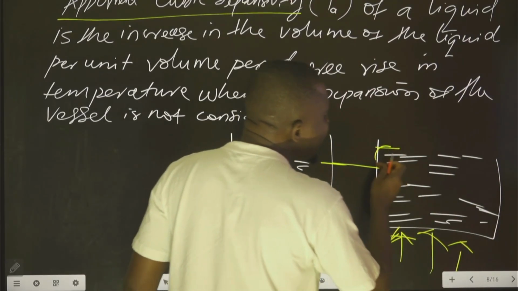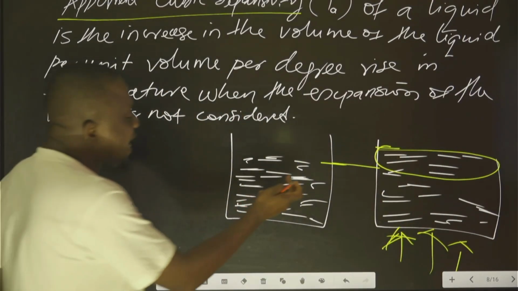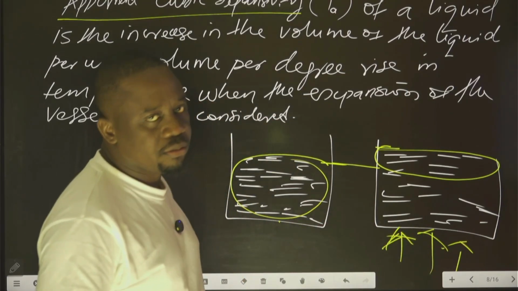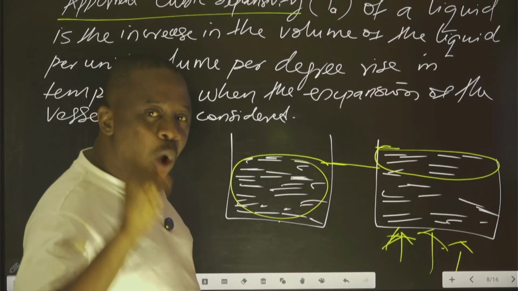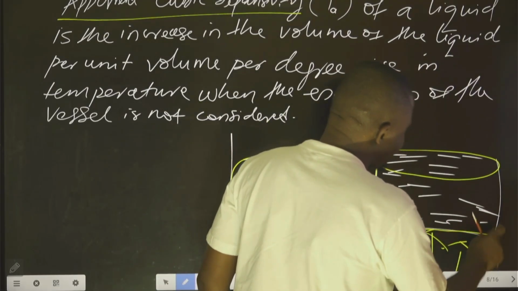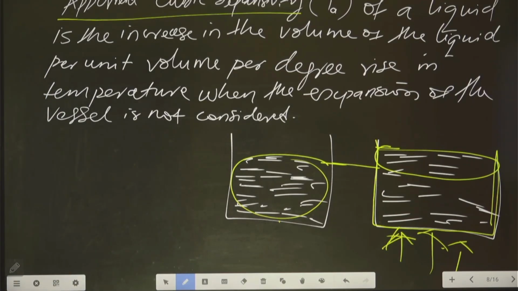So we are considering this increase in volume, okay, over the original volume. This temperature minus the original temperature. Okay? When you are not considering the expansion of this vessel that is carrying or housing the liquid.